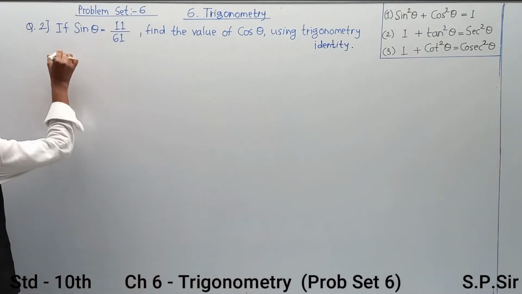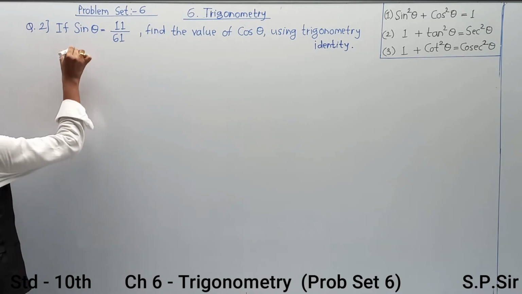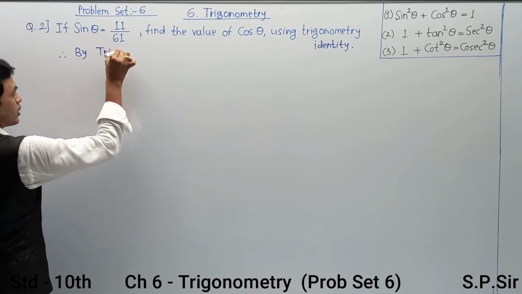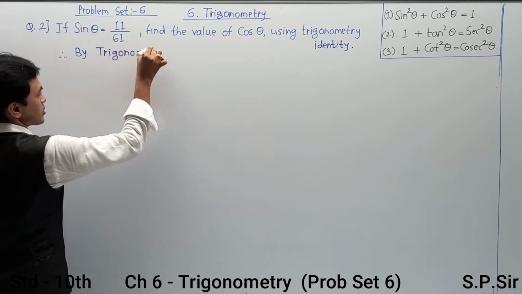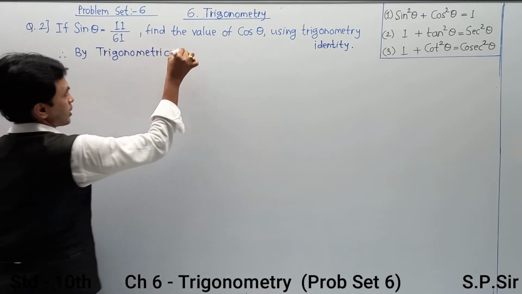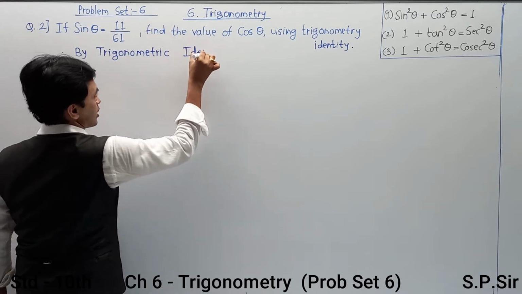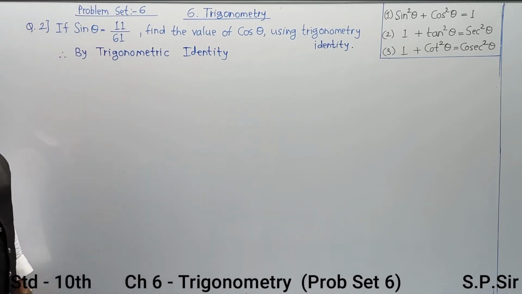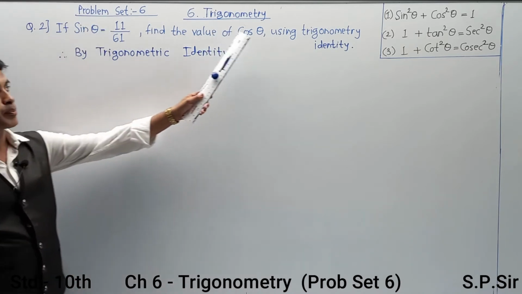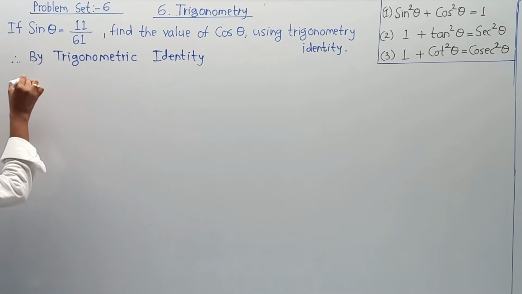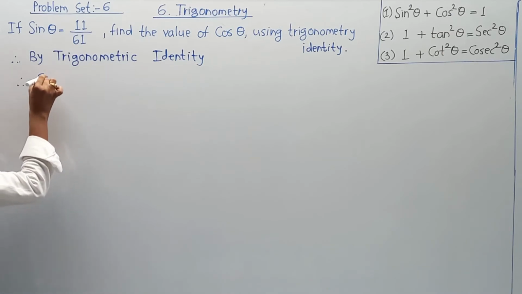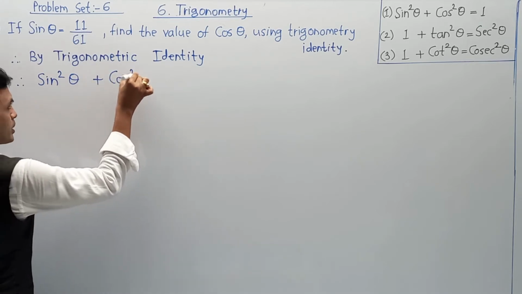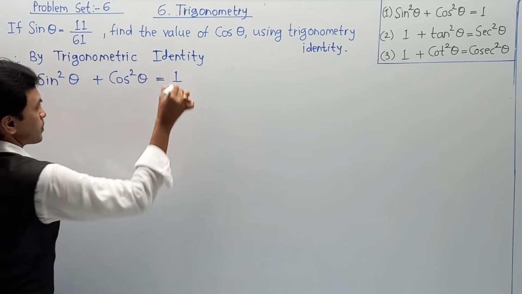Therefore, we start from the trigonometric identity. By trigonometric identity, sin square theta plus cos square theta is equal to 1. So I am writing sin square theta plus cos square theta is equal to 1.